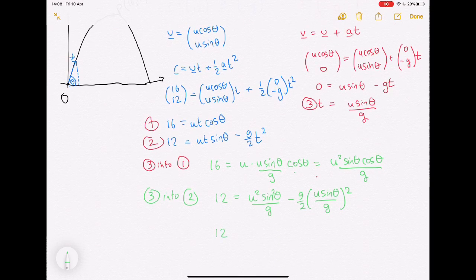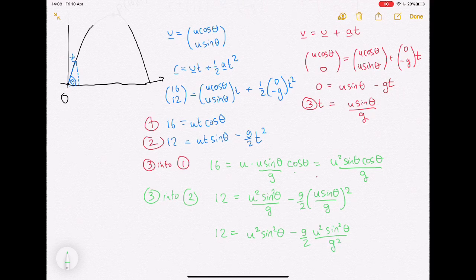We get 12 equals u squared sine squared theta over g minus g over 2 u squared sine squared theta over g squared.